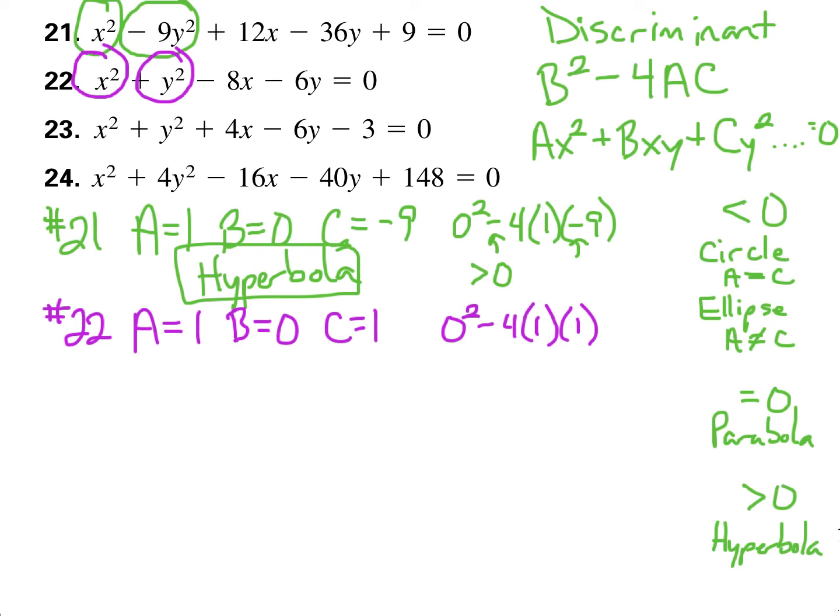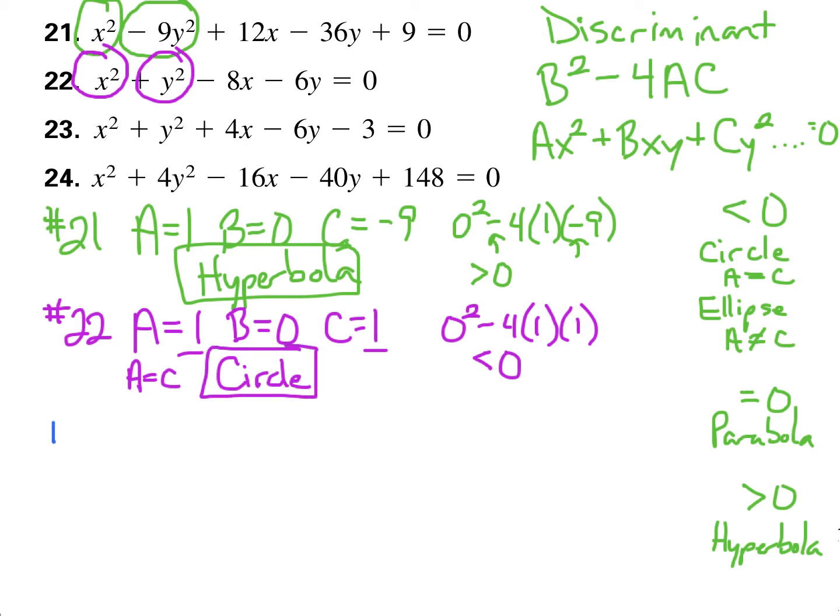So that's negative 4, so the discriminant is less than 0, so it's either a circle or an ellipse, and since A is equal to C, then we know that it's a circle.